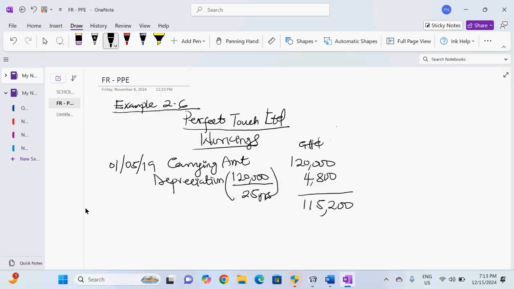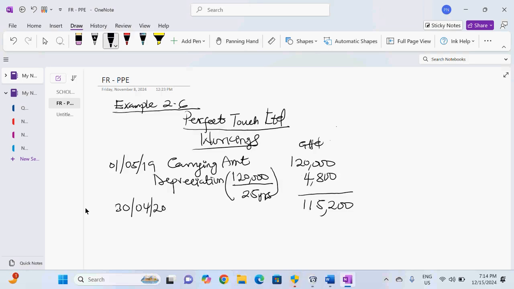So what is the name given to this amount? As at 30th April 2020.